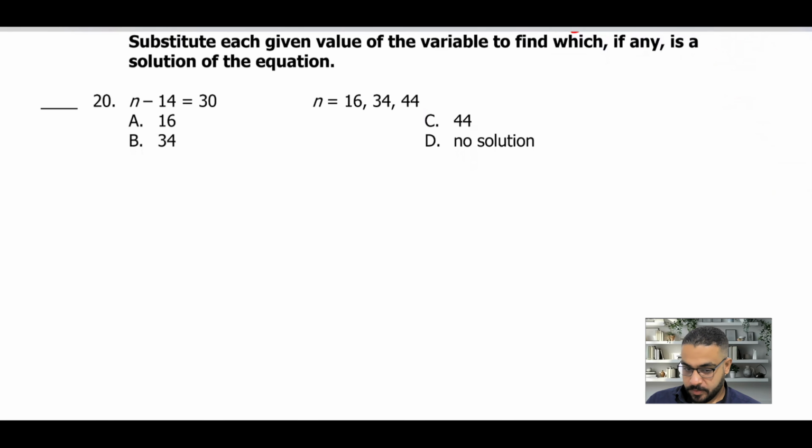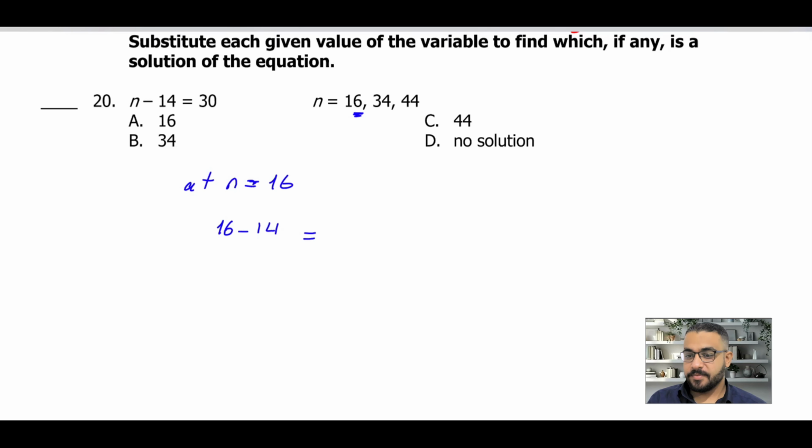Here it says substitute each given value of the variable to find which, if any, is a solution of the equation. Like we did in the past question, we have to just replace n by the given values. Okay, let's use the 16. At n equals 16, it's 16 minus 14.